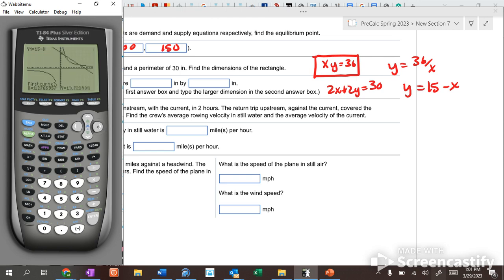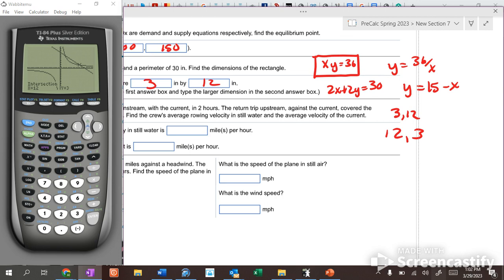If I go close to this one and hit enter, enter, enter, I get the intersection point at 3, 12. And I bet over here it's 12, 3. But second trace, 5. If I slide on over, I gotta get really close to it and then hit enter, enter, enter. And that's 12, 3. So it really doesn't matter what X is and what Y is. It is just the smaller dimension in the first box, that's 3, and the larger in the second box, that's 12.